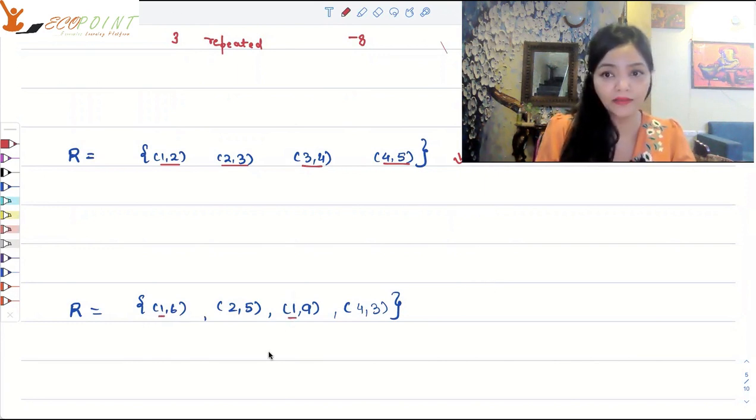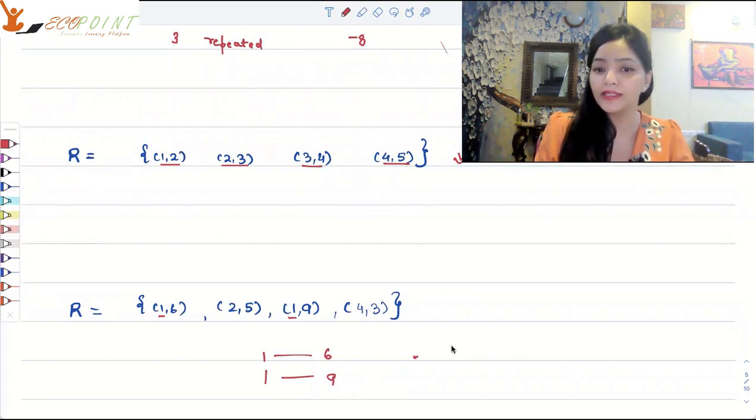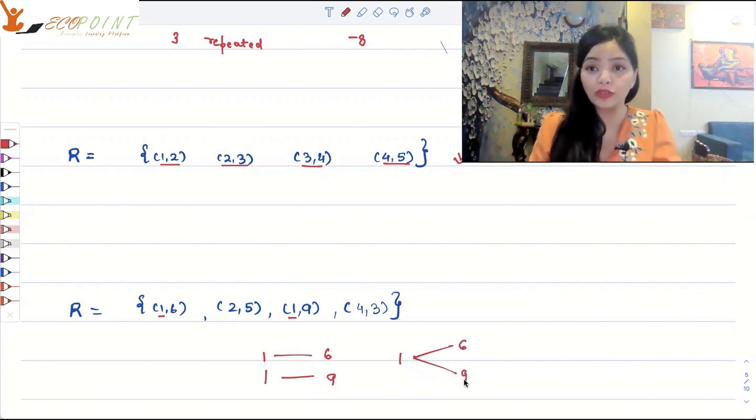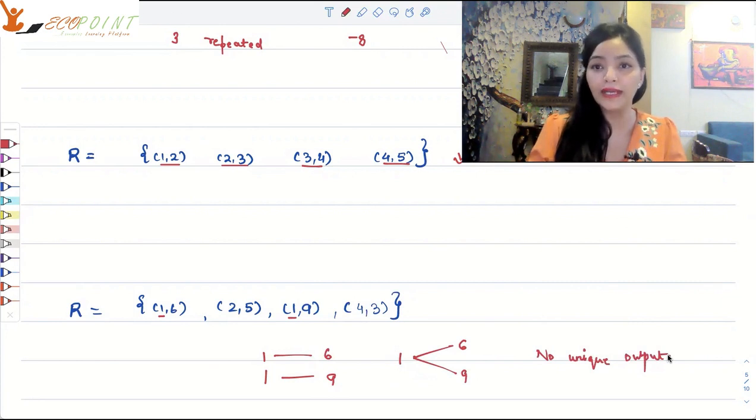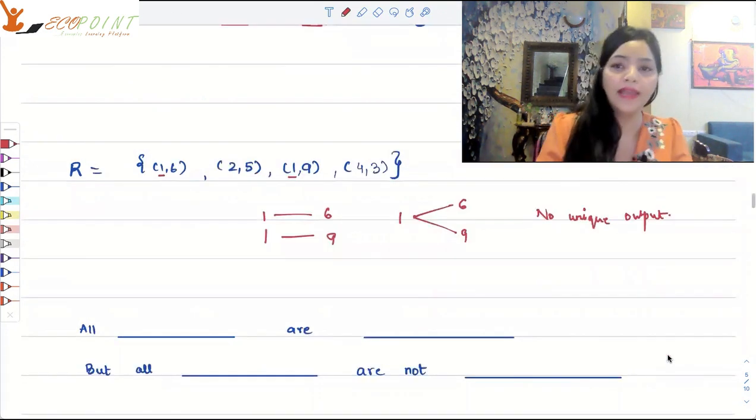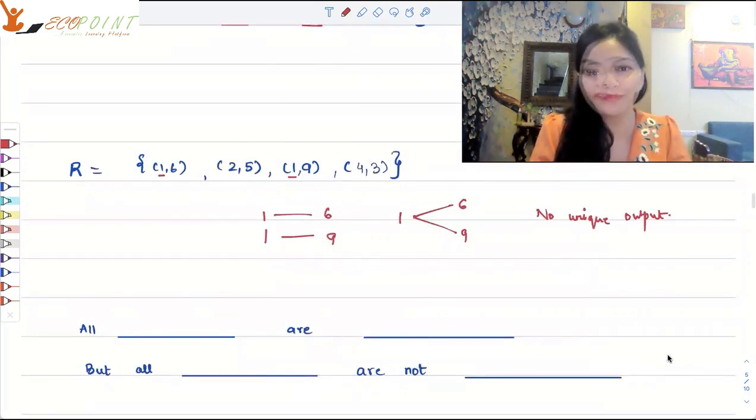And this time, 1 is not giving the same output. So 1 is giving 6 and 1 is also giving 9. So it's a scenario where the same input is giving you 2 outputs. That means output is not unique. No unique output. So that's a problem. Hence the conclusion: all functions are relations, but not all relations are functions.